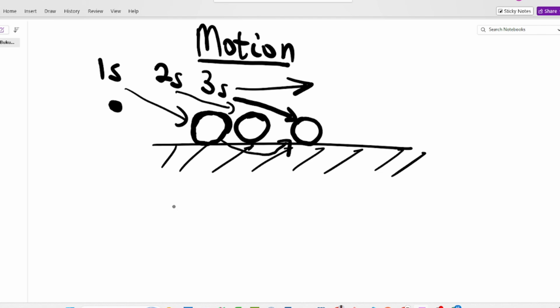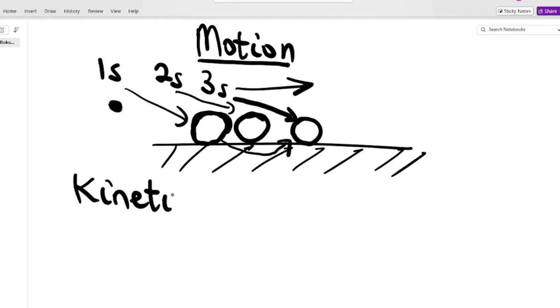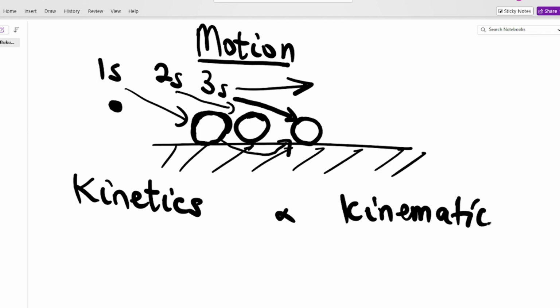Okay, when it comes to motion physically, we need to look at the mathematical aspect of things. There are two kinds of motion that we'll generally be looking at: kinetics and kinematics. What is the difference between these two?